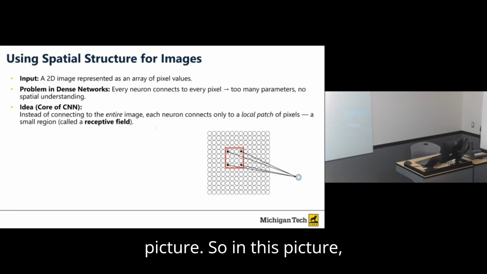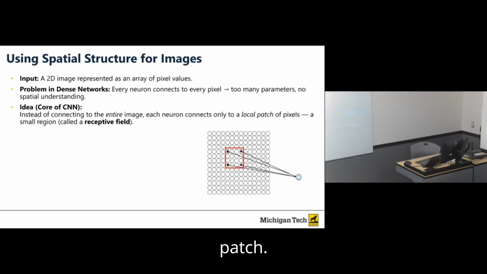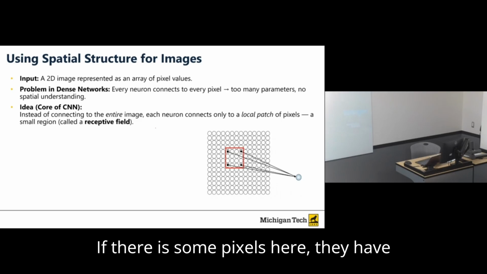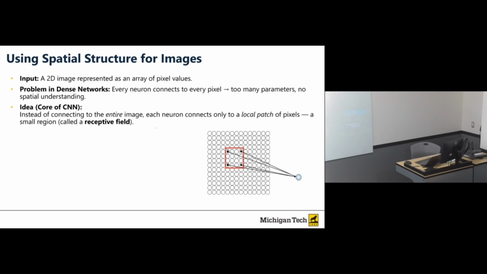This picture shows everything, you know. Instead of talking 100 words, we can just show a picture. In this picture, you can see the relationship within this patch. If there are some pixels here, they have a relationship. We can summarize this patch with one pixel. That patch is called a receptive field.